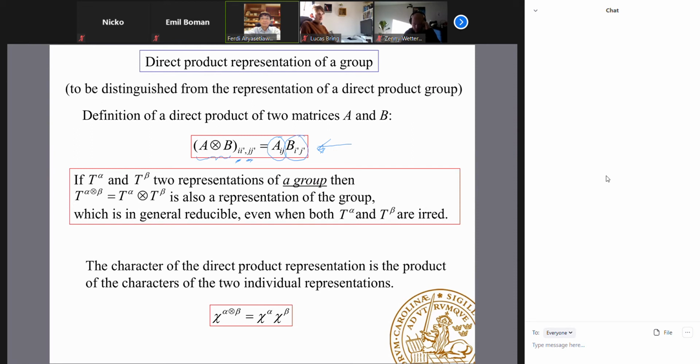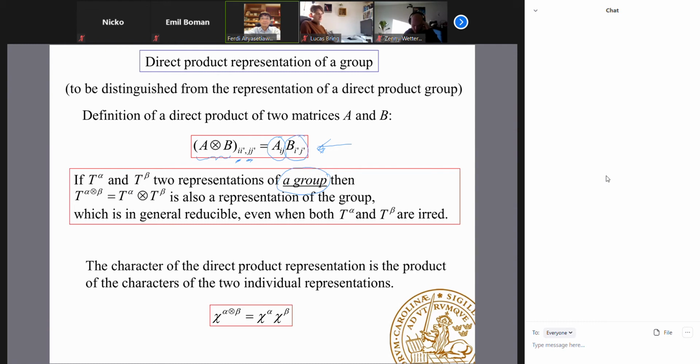So one can then form a direct product of two irreducible representations of a group. And this is important here: we have a group, we do not have a direct product of two groups.